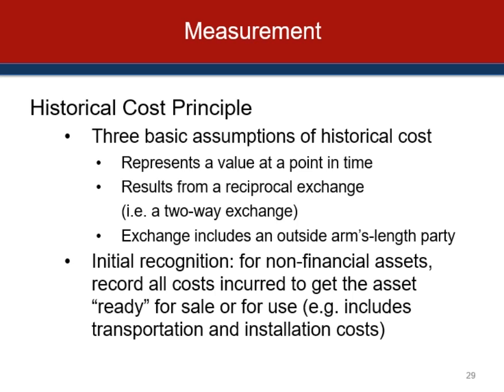The historical cost principle. The historical cost of an asset is the value at a particular point in time, usually from a two-way reciprocal exchange, and including an outside arm's length party. So it's something that you've paid to someone outside the organization.